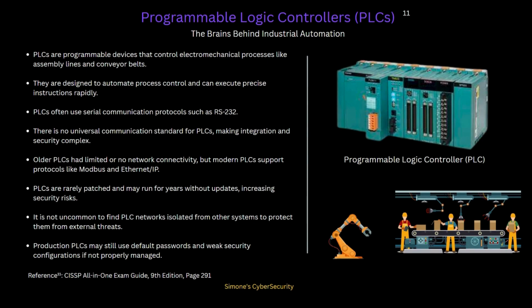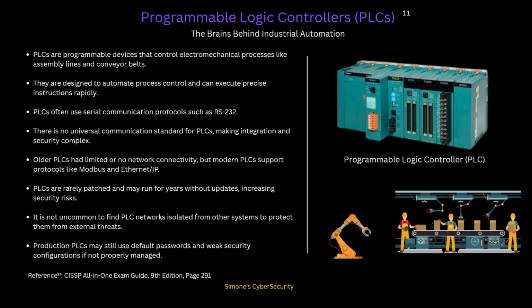Now, let's talk about one of the most important building blocks of industrial automation, the programmable logic controller, or PLC. PLCs are specialized computers designed to control electromechanical processes, such as assembly lines, conveyor belts, robotic arms, and other industrial machinery.